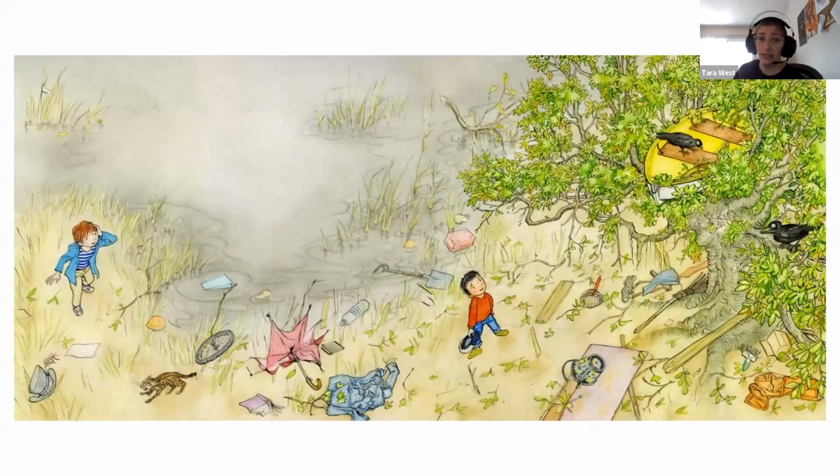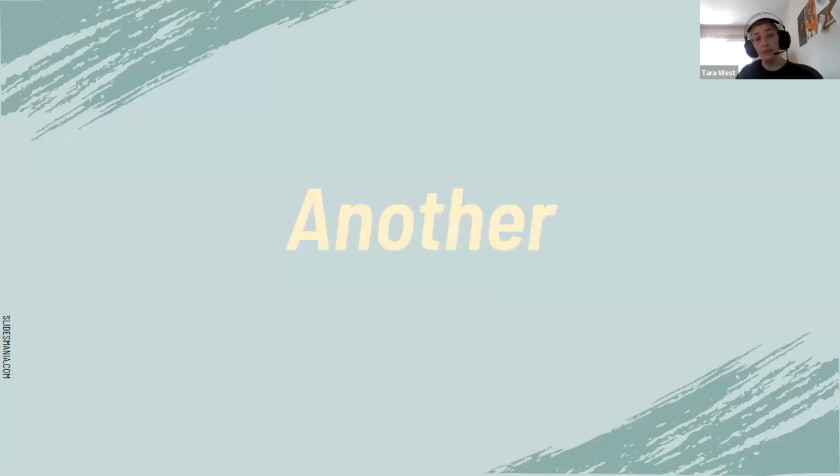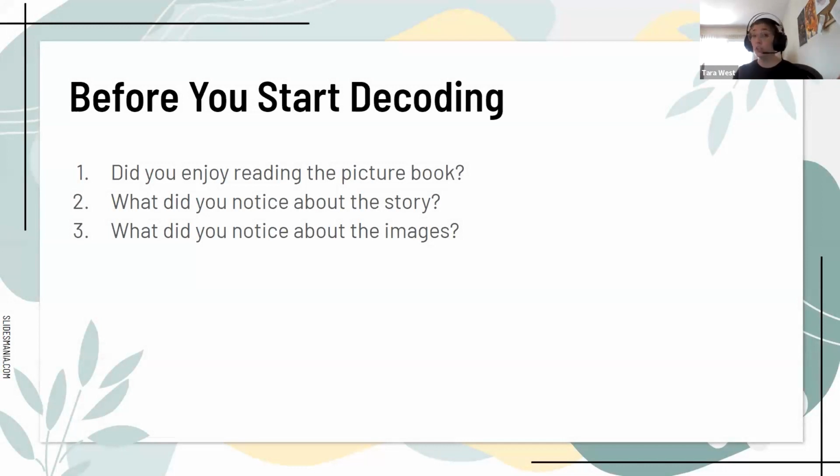Once you're done looking at this last example, the last bit of this is on Another. If you have gone through the examples and you're working on reading it and you feel like you need a little bit more guidance, I would just start very basic. Do you think you enjoyed reading through the picture book? What did you notice about the story? And then what did you notice about the images? Because Another does not have any words, you might have issues coming up with what the story could be.